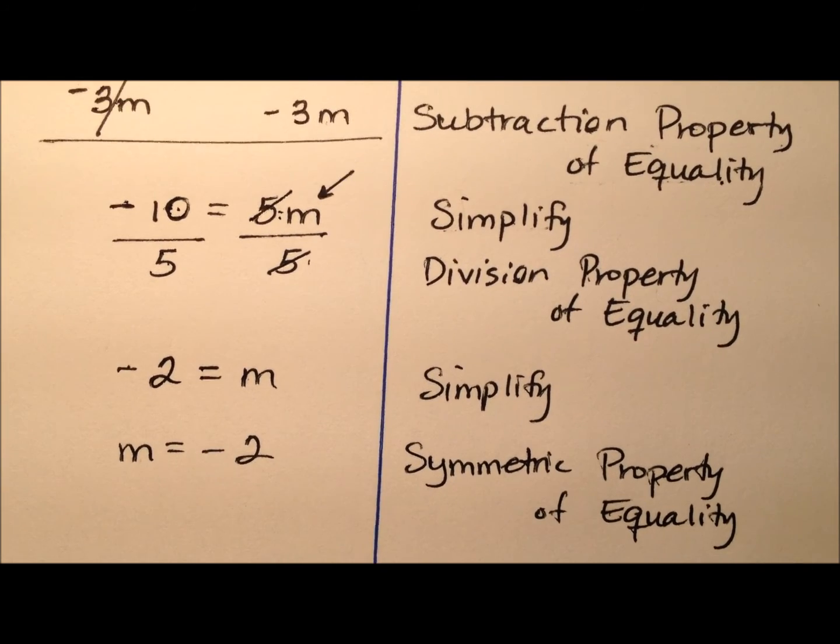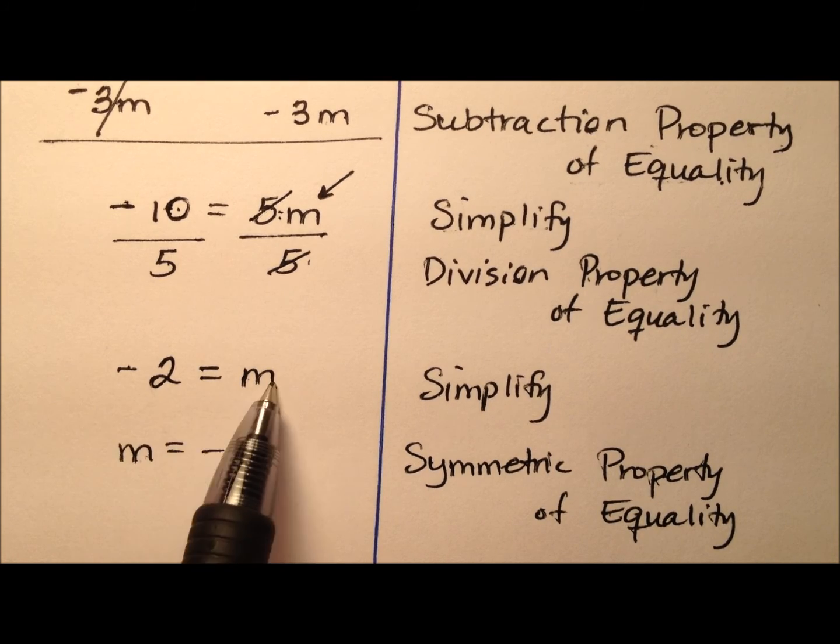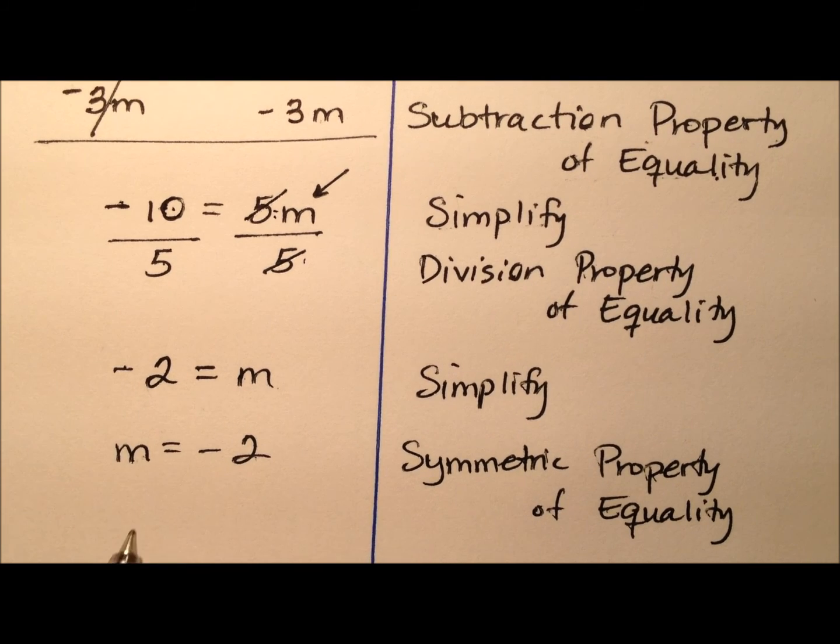And this just states, if we have an equation and we're saying that both sides are equivalent to one another, then I can go ahead and exchange the two sides, the left side for the right and the right side for the left. So we see that m equals negative 2.